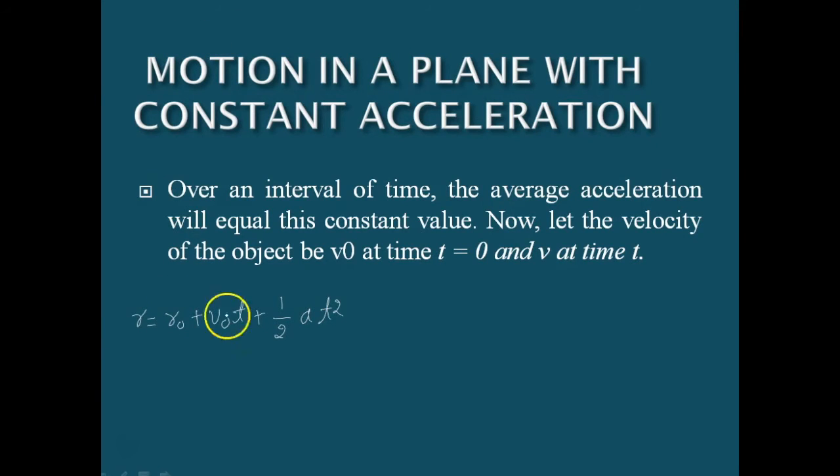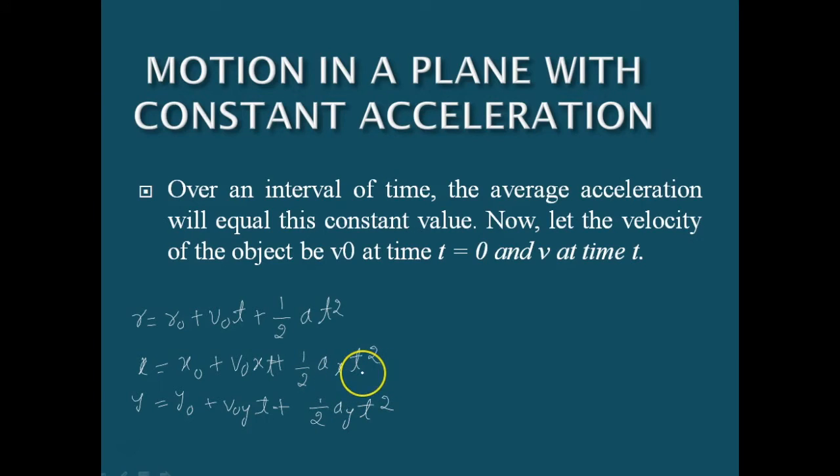If you want to write this position vector equation in terms of components, we can write x = x0 + v0x t + ½ ax t², and y = y0 + v0y t + ½ ay t².